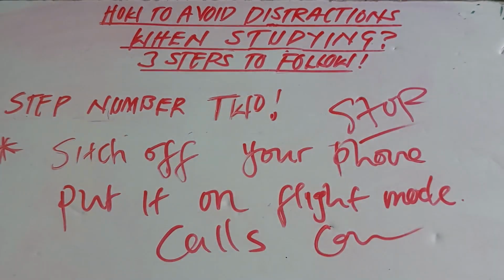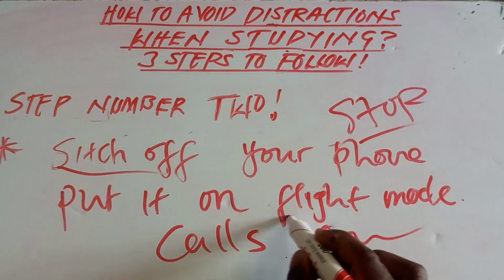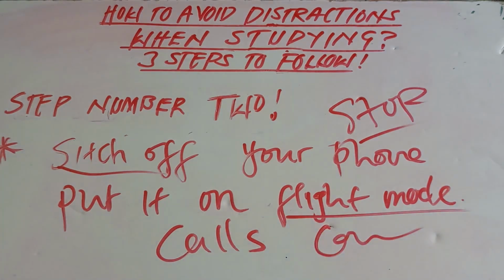So make sure if you are not using your phone, you switch it off. If you've got other gadgets to use, please make sure you switch off your phone. After switching off your phone, I'm telling you, your studies are going to be effective. If you are using your phone, make sure you put it on flight mode such that your calls or your messages are avoided.